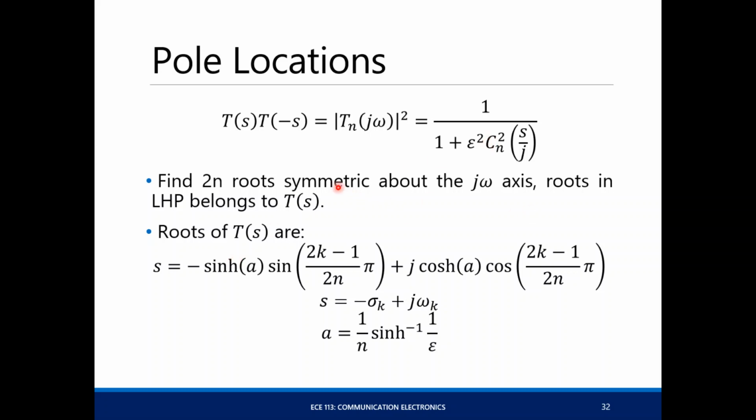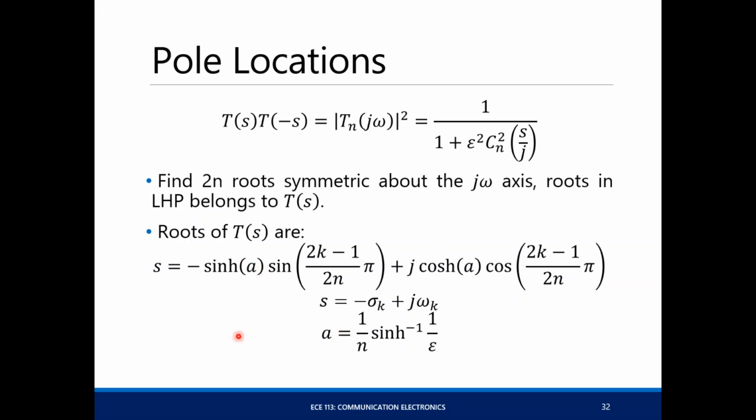You find 2n roots that are symmetric along the j omega axis, and in the left half plane you get the roots that belong to your transfer function. So the roots are actually equal to this, and this is an ellipse. So how does this look like an ellipse?